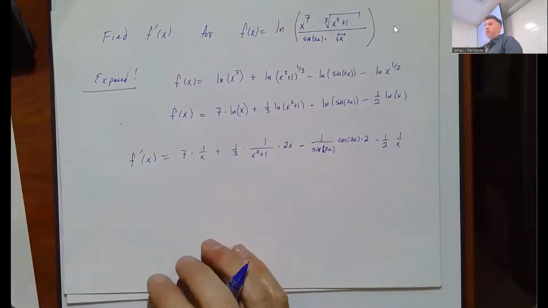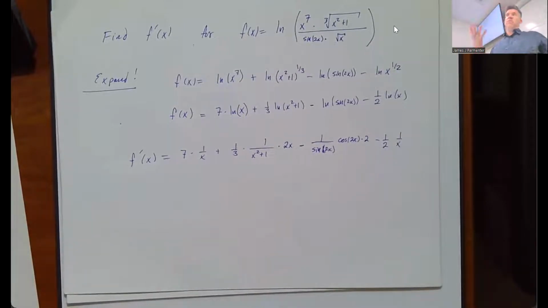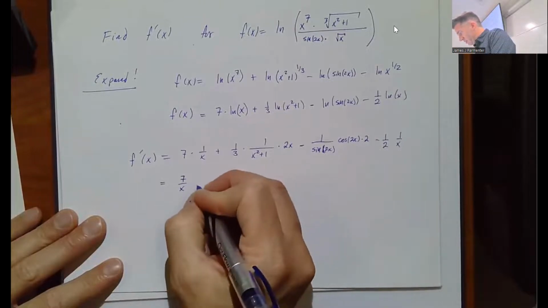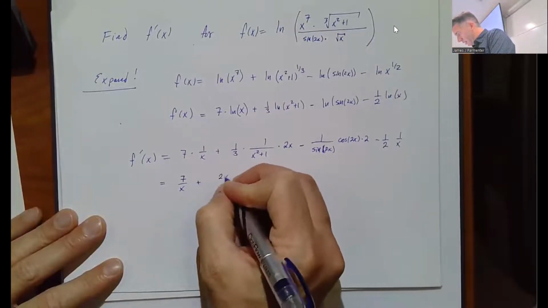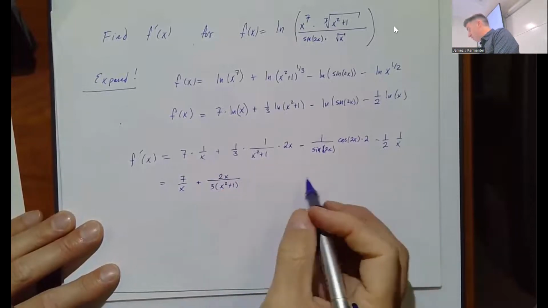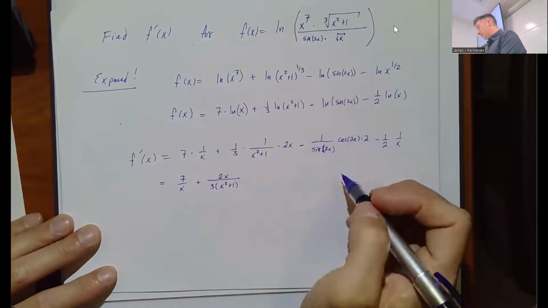And if you're working it up in WeBWorK, you can just type all this in. I would probably argue it's in your interest to simplify this, because it's easier to type into WeBWorK if you do simplify it. So I would probably write this as 7 over x plus 2x over 3 times the quantity x squared plus 1. This third part especially simplifies.